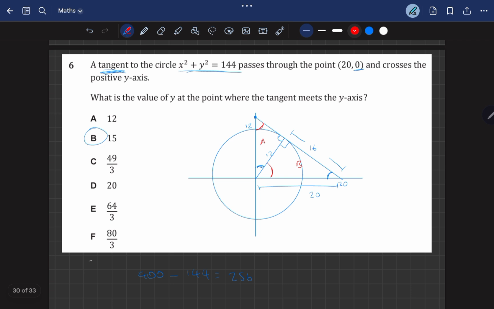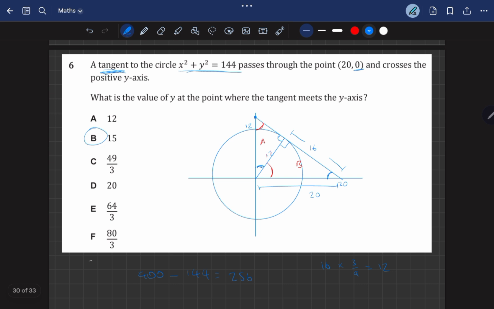Okay, so I just need to map corresponding sides. So this 12 on triangle A is corresponding to this 16. So what do I have to do to 16 to get 12? I would divide it by 4 and times by 3. 16 times 3 over 4 is equal to 12.